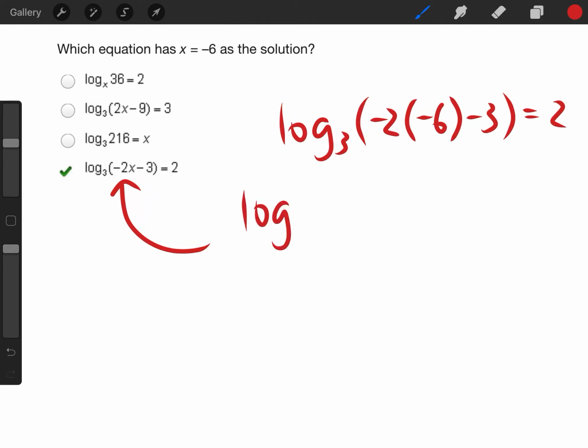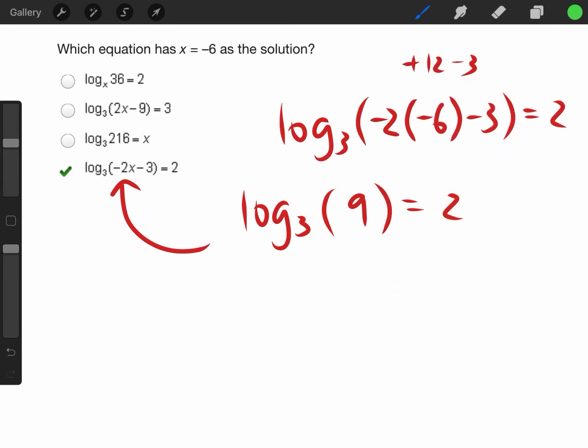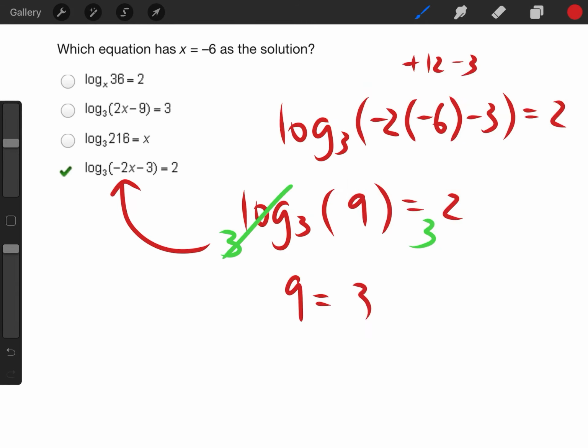We got log base 3, and positive 12 minus 3, so that's positive 9. See if that's true. I'm going to put the base 3 on both sides, so that cancels out with the log base 3. So we have 9 equals 3 squared, and 3 squared does equal 9, so 9 equals 9. So you want to choose this last one.